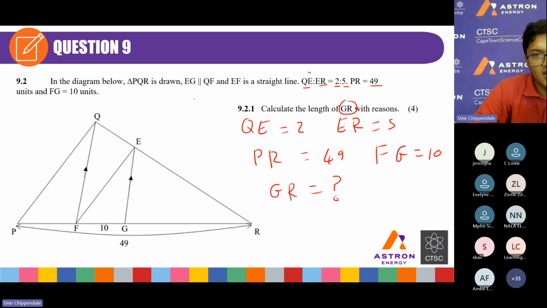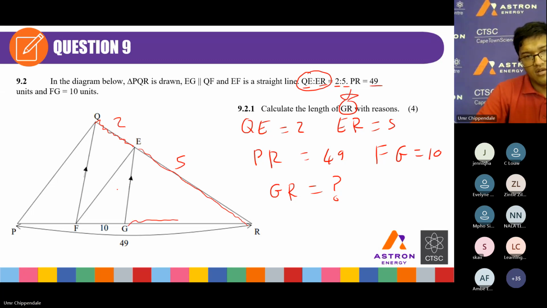Here are the ratios of QE, which is this, to the ratio of ER, which is this. That's 2:5 units. So I'm going to take these two parts and compare them to GR, which is what they want, and compare it with the one directly next to it. We're not going all the way to FG.